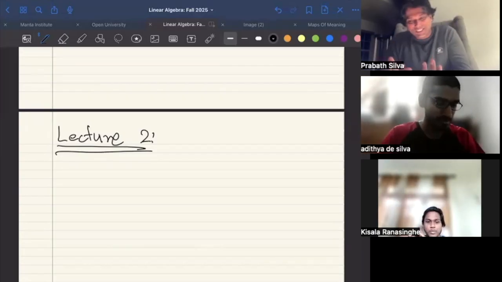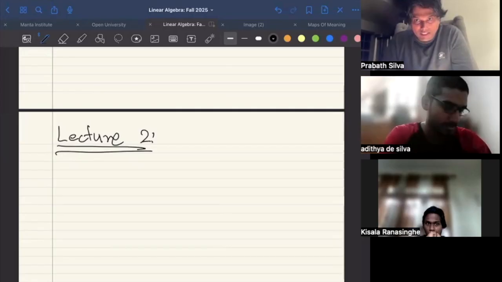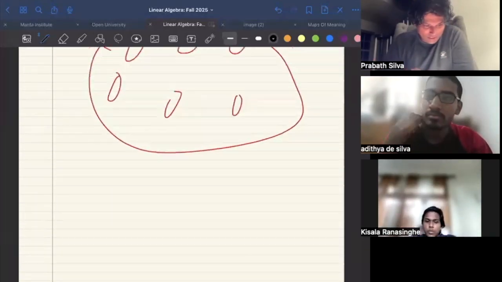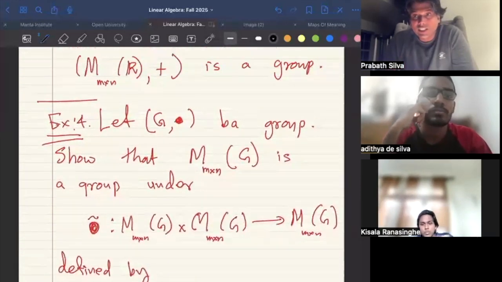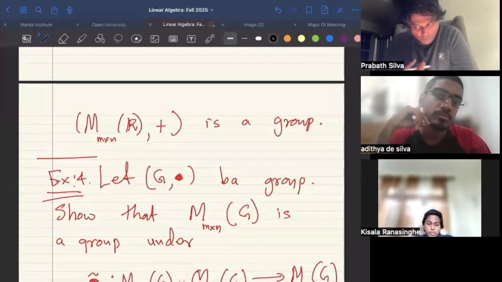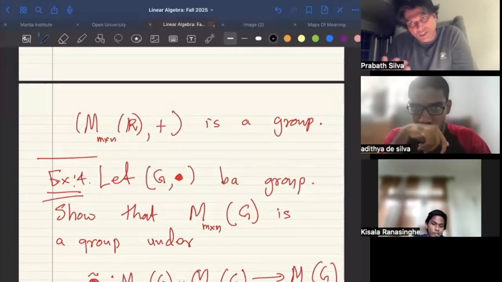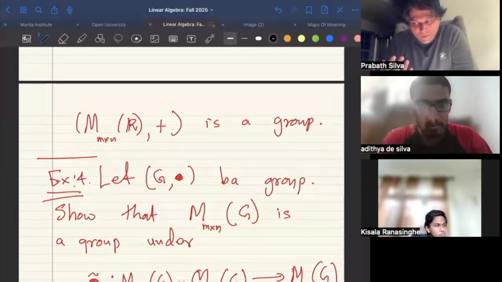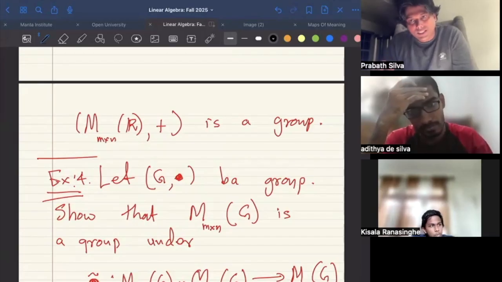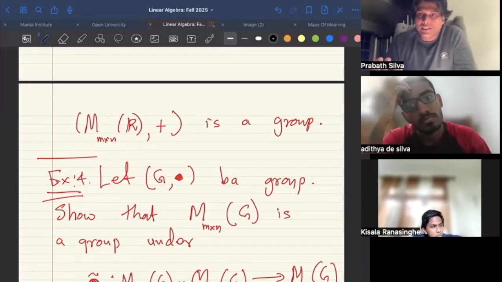Okay, so let's do this. So last time we did matrix addition. Okay, and then what we're doing, you're kind of defining the addition, but at the same time you're looking at what are the operations that really need to define the matrix addition.